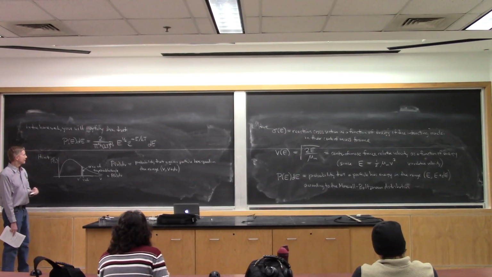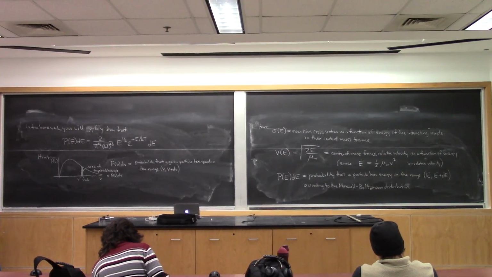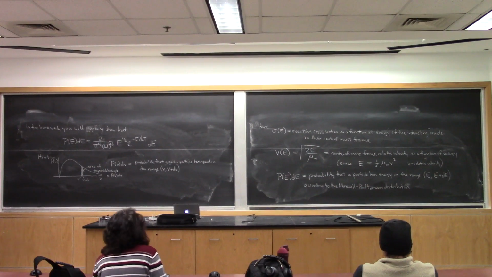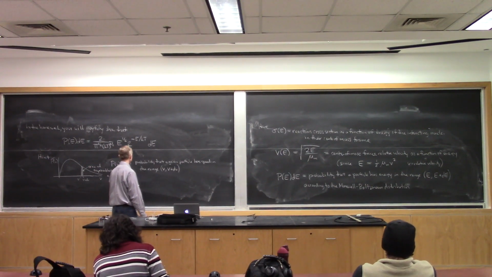Okay. So P of V is the probability density, the probability per unit velocity interval that you'll find a given particle with its speed in that range according to the Maxwell-Boltzmann distribution. And I don't have the notes with me for it. There's some normalization.